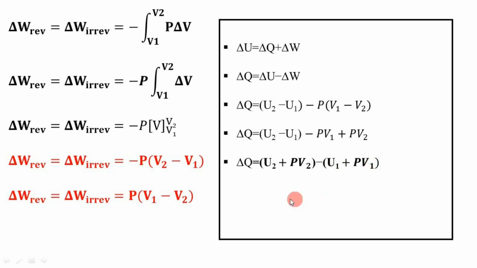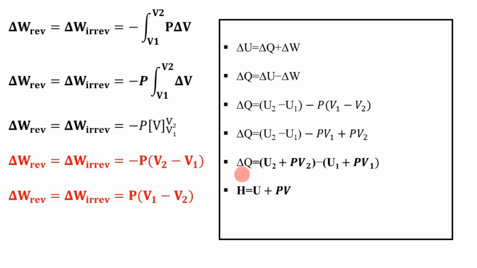Remember, we have said that the heat is equal to the enthalpy when you have constant pressure. When you have a process at constant pressure, an isobaric process, the heat is equal to enthalpy.